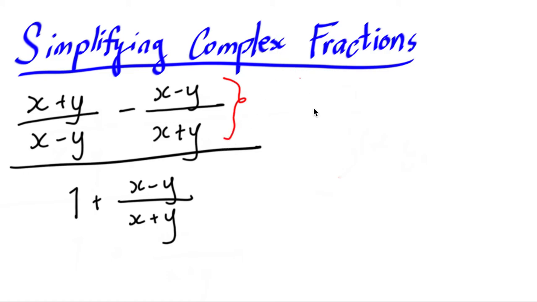For our numerator, the important part is to find the LCD, the least common denominator. What's the LCD here? We can see that we have x minus y and x plus y as our denominators. We need to make sure that the denominators are the same, that is, that the fractions are similar in order for us to combine them into one.